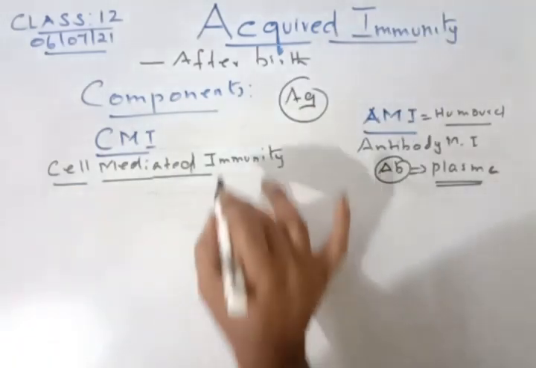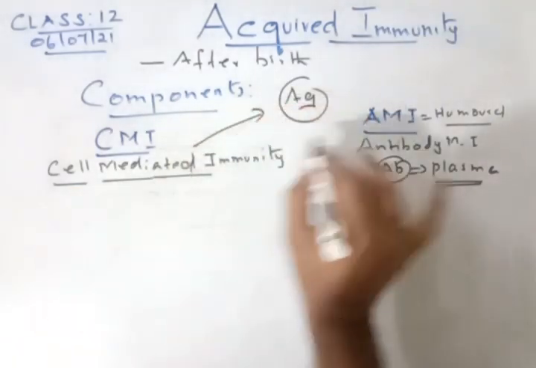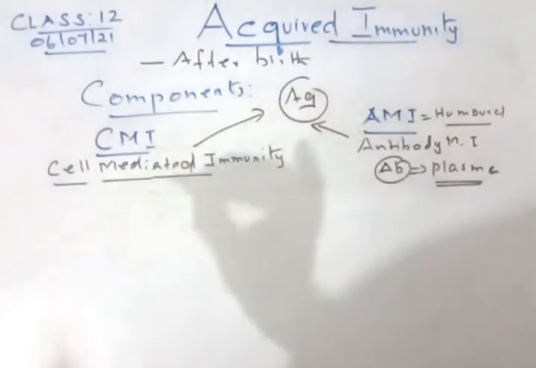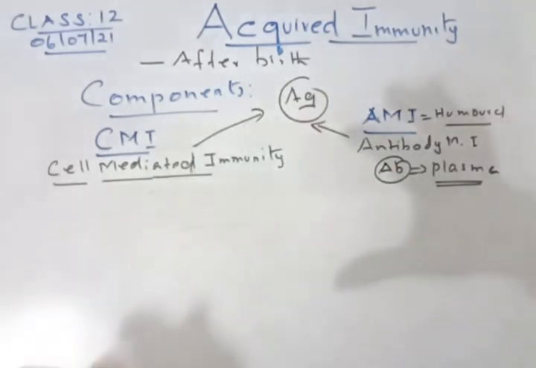So we can destroy it by using the cell, or by using the antibodies. Depending upon the role played, they are called cell mediated immunity or antibody mediated immunity. Understand? First we will talk about cell mediated immunity, and then we will go to antibody mediated immunity.